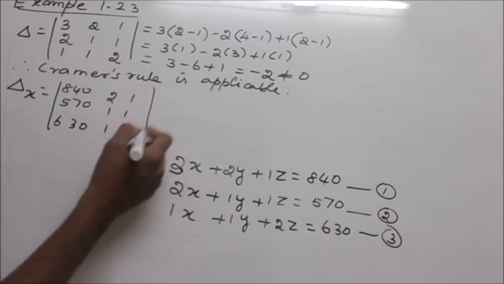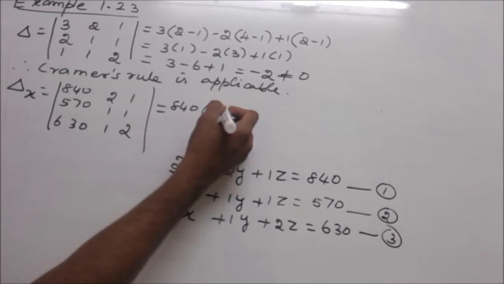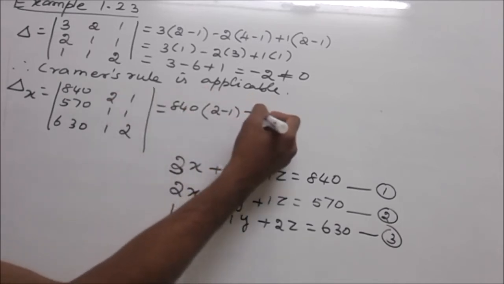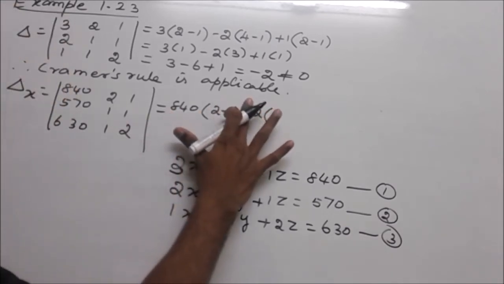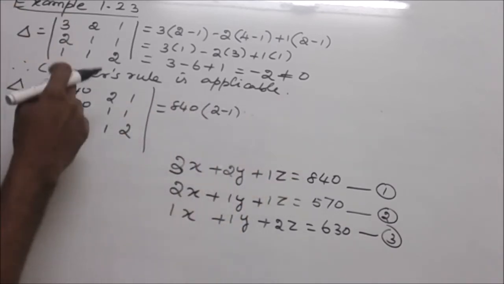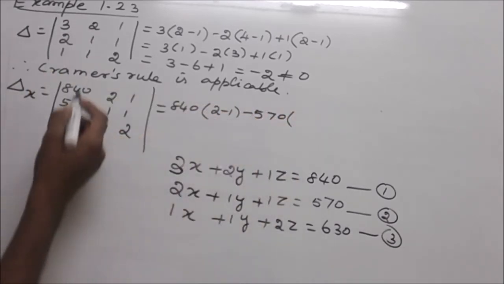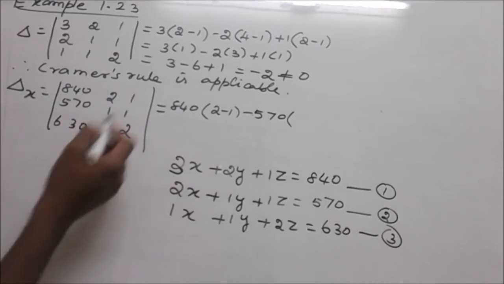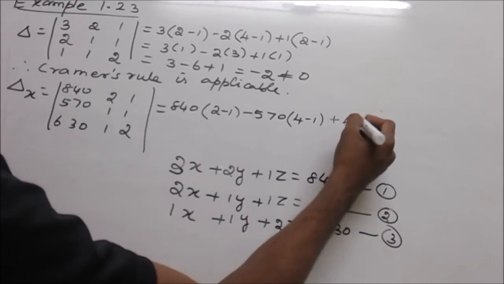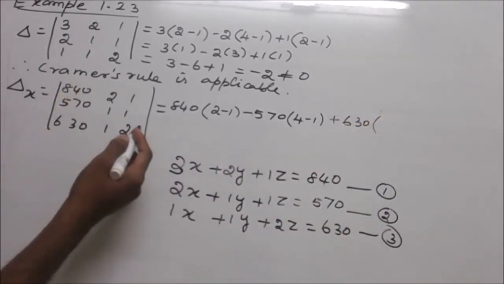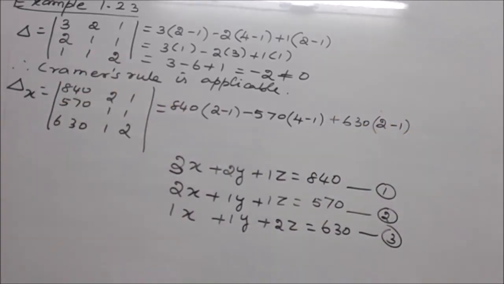That will be equal to 840 into (2 minus 1), and then minus 570 into (4 minus 1), and then plus 630 into (2 minus 1). We can expand column wise, that is easy, so expanding column wise it is easy to calculate.